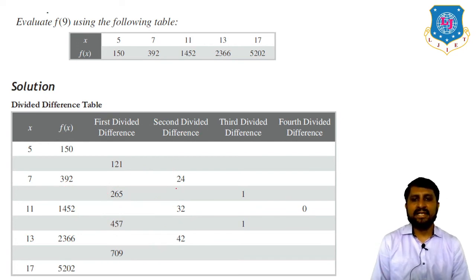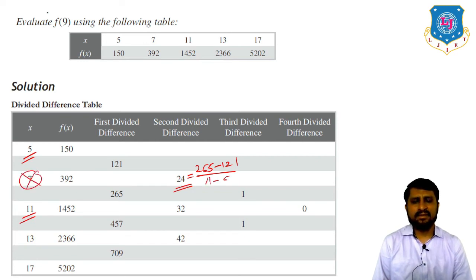Now, how will we get 24? 24 is nothing but 265 minus 121 divided by 11 minus 5. Okay, one entry that you have to skip. So 11 minus 5.